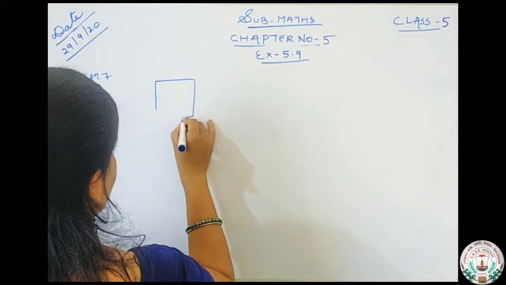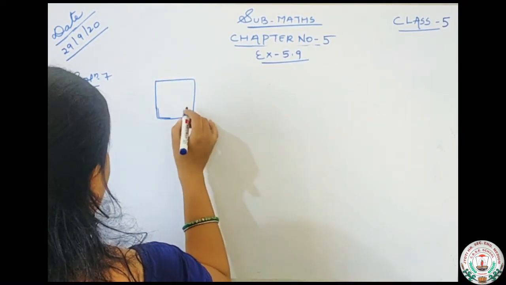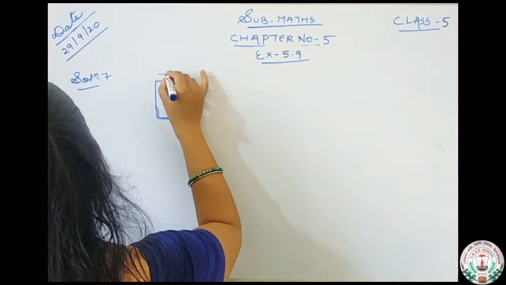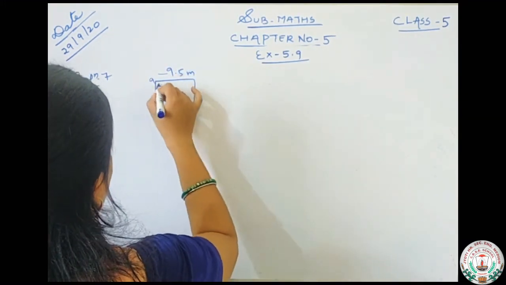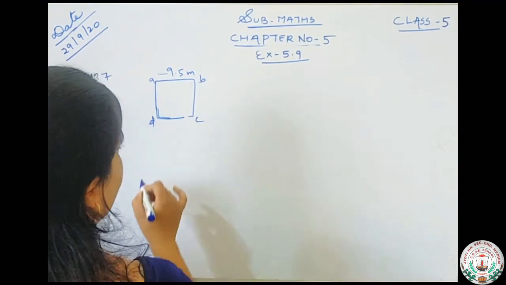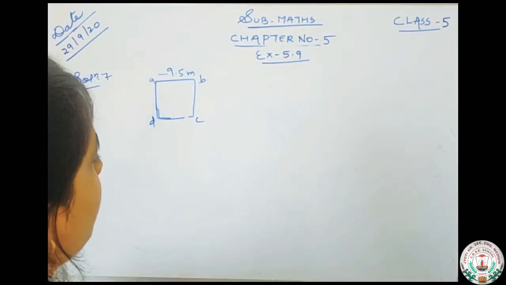You all know squares have all equal sides. So one side is given, 9.5 meter. A square has 4 sides. All sides are equal.